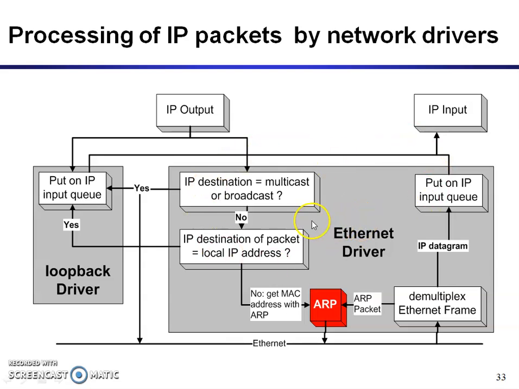Here you can see that the IP destination is checked for multicast or broadcast. If it is not multicast or broadcast, then the machine exists on the local network, part of the local area network. In that case, you need to look at the ARP packet, and from the ARP packet the address can be determined.